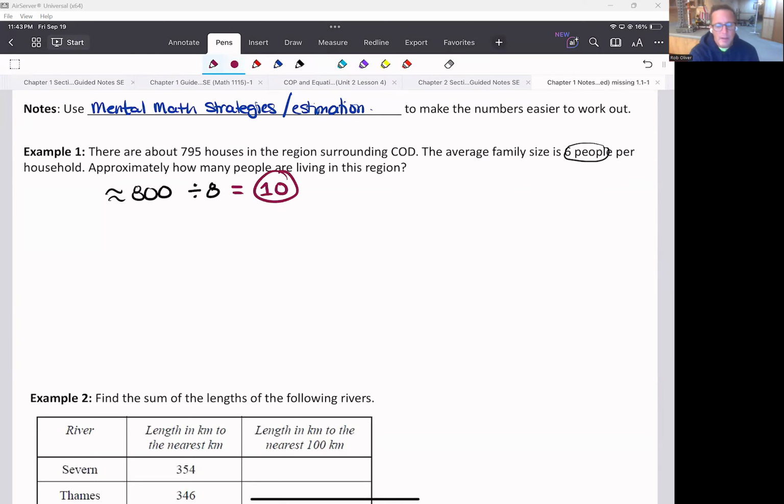When you're estimating, you're not going to be perfect. You're not going to be exactly right, but you want to be kind of close. So I'm betting that it's probably a little bit lower. How many people are living in this region, if the average family size is 6 people per house?